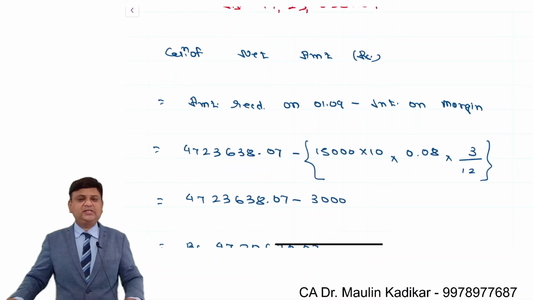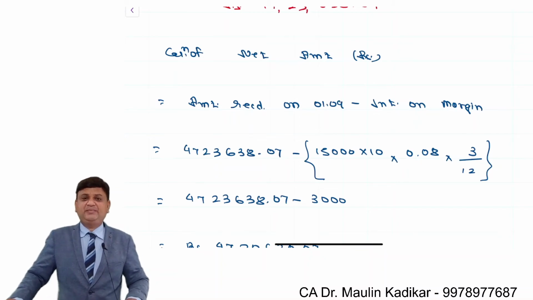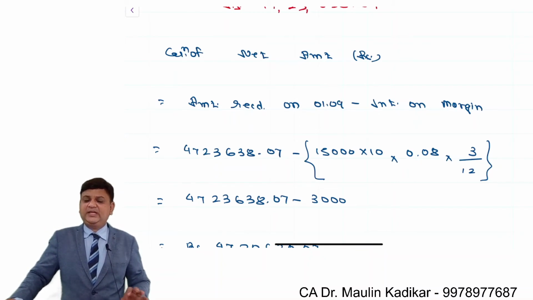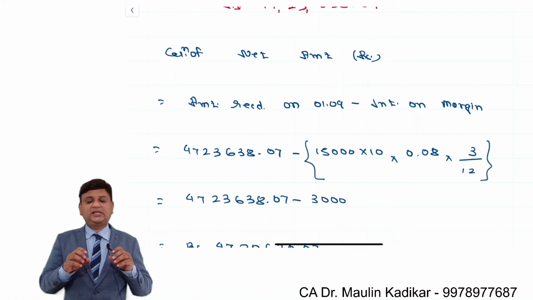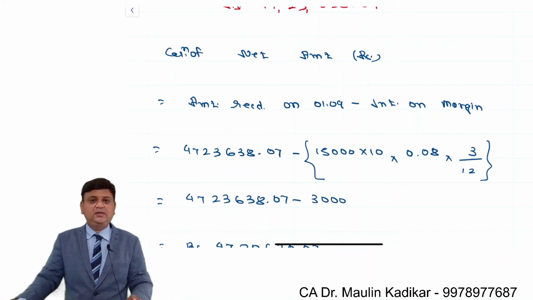In that also the things are very simple. As far as the margin is concerned, it is only a kind of security deposit. It is never a cost. It is never a cost at any point of time. Remember it, whether it is a chapter of the derivative or it is forex or any other. It is only a security deposit which will be given back to you if you discharge your obligations.